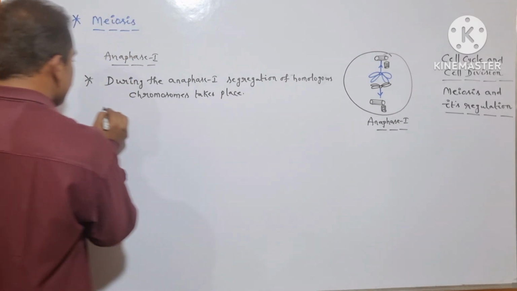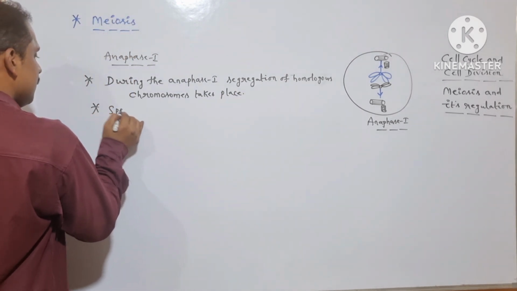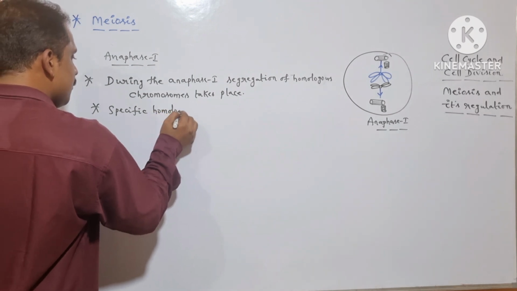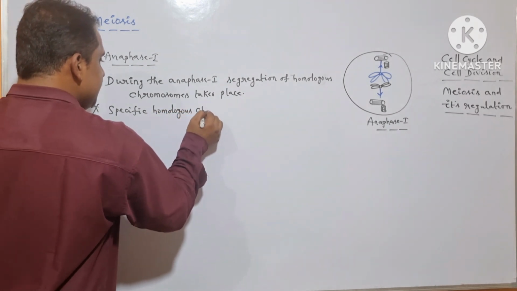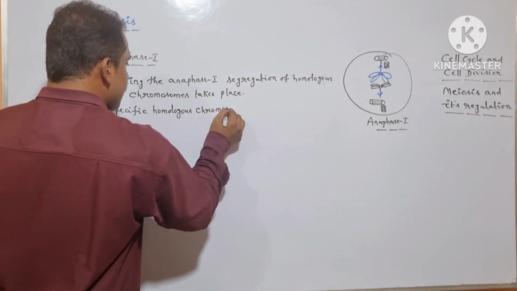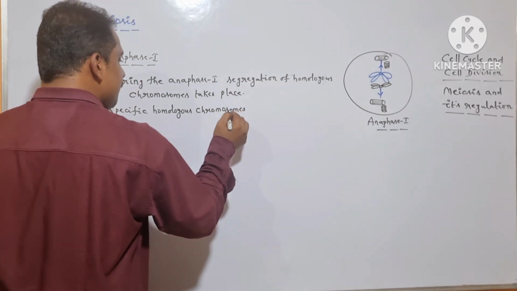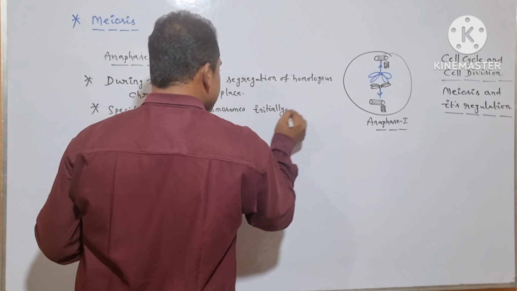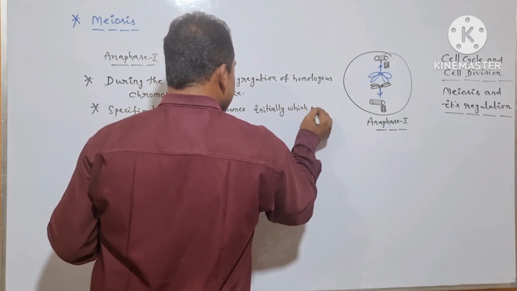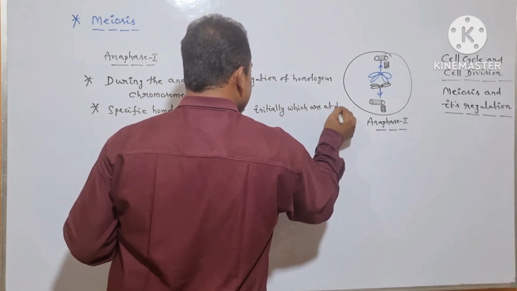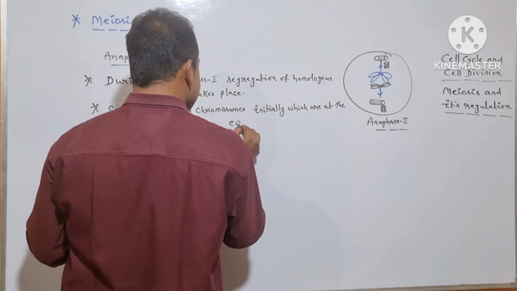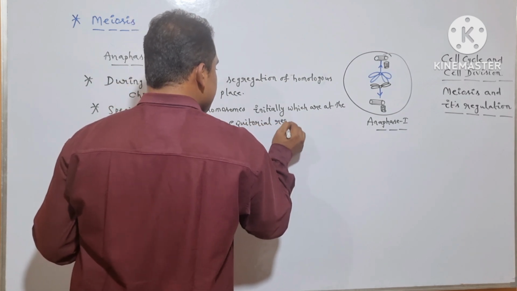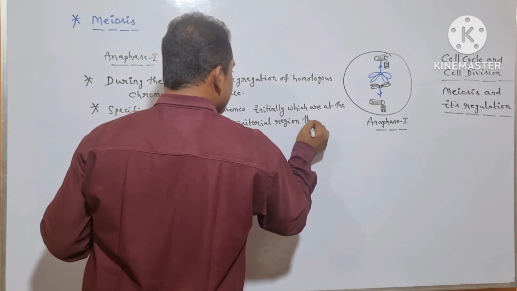The specific homologous chromosomes initially which are at the equatorial region start migrating towards the spindle poles.